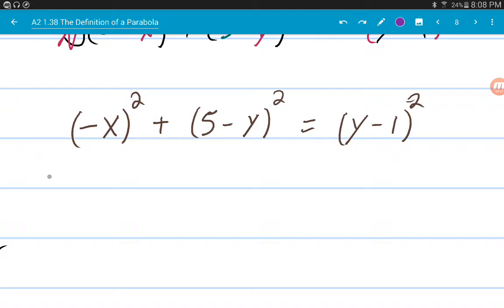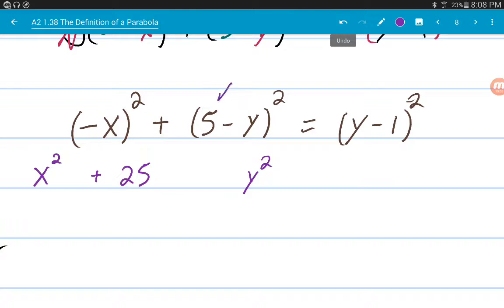Negative x times negative x is positive x squared. And let's handle the 5 minus y squared. What we do is we square this. 5 squared is positive 25. Then we square this. Negative y times negative y is positive y squared.